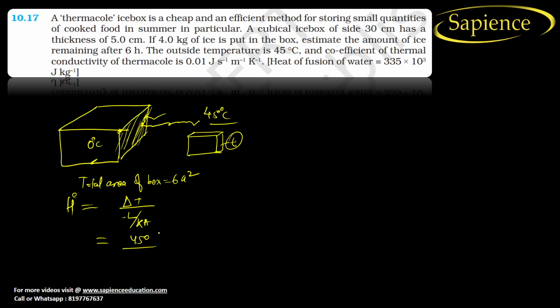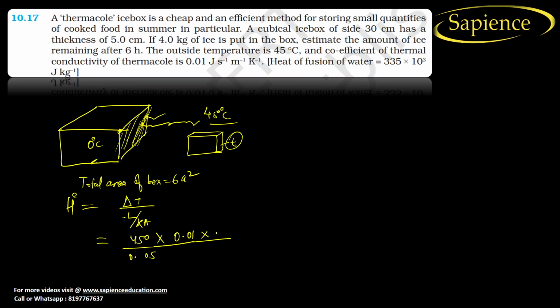The thickness of the ice box they have given is 5 centimeter or 0.05 meter, into K, the thermal conductivity. The coefficient of thermal conductivity K is given as 0.01 joule per second per meter Kelvin, and the area is how much?